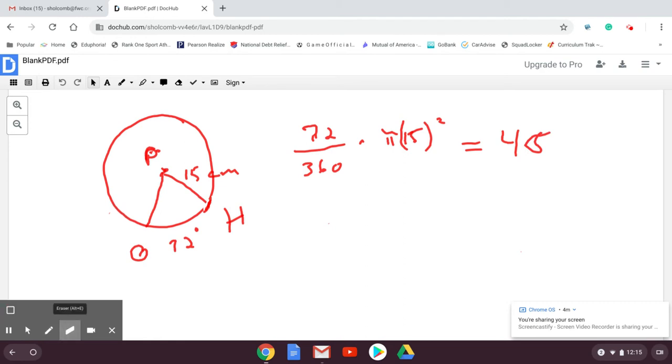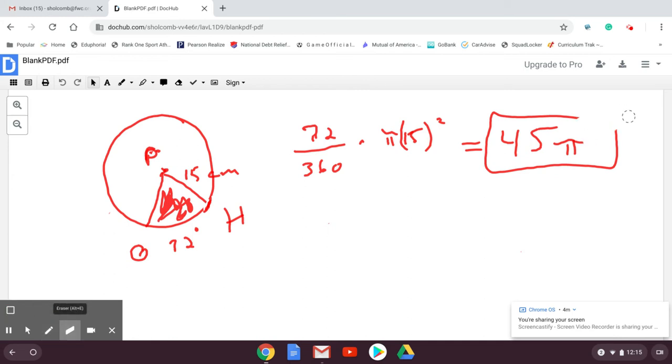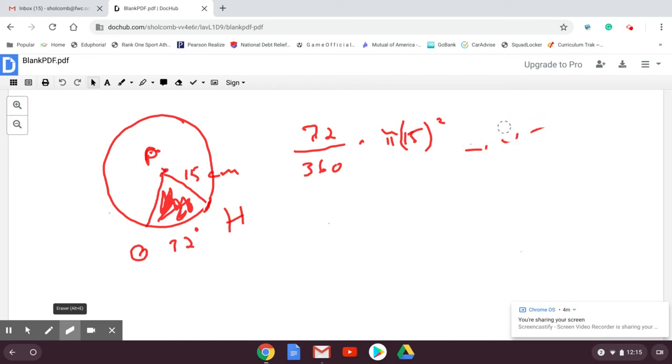Whoops, again, it's been a couple of days since I've used this to write. So 45 pi is the overall area of the sector, which is this shaded portion in the middle here. The area of the overall circle would have been 225 pi. Look at your Math Excel assignments and be sure and be careful as to whether or not it says to leave it in terms of pi or not.